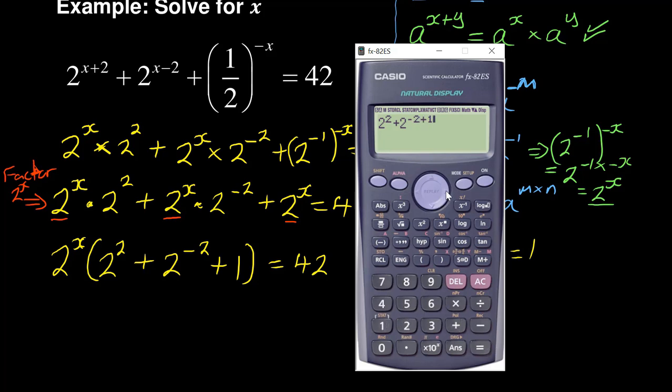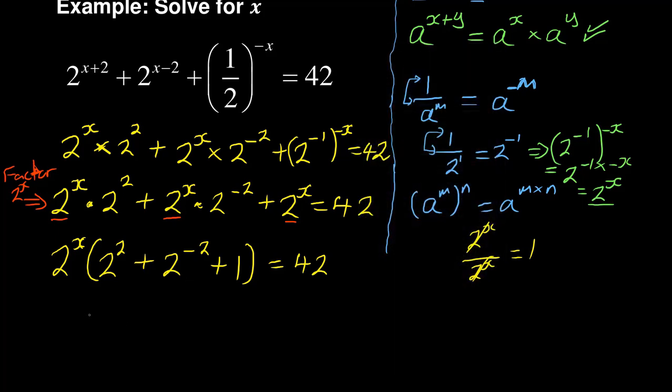And if you add that, you're going to get 21 over 4. So you have got 2 to the exponent x times 21 over 4 is equal to 42.